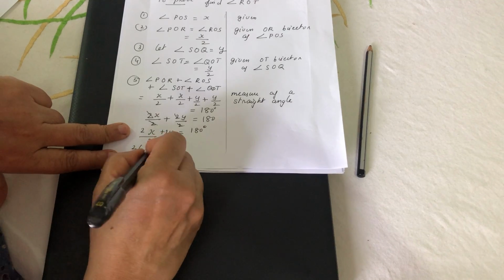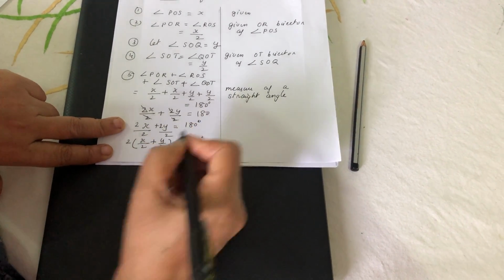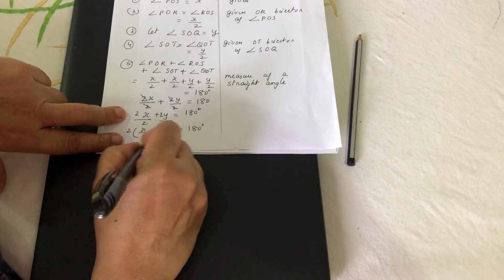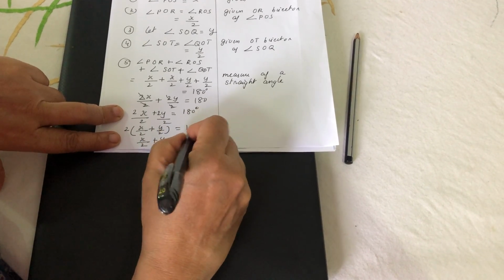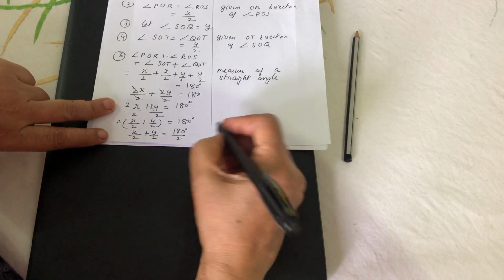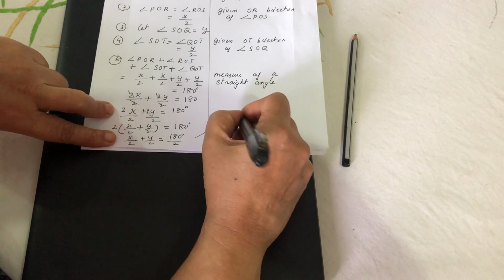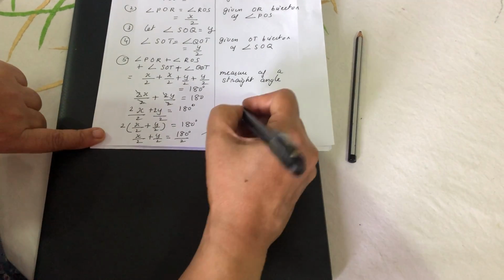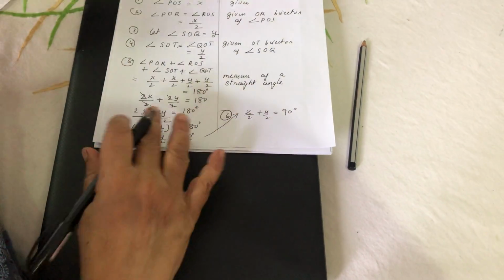So it is x by 2 plus y by 2 equal to 180 degrees. Then this 2 I can take to the other side. x by 2 plus y by 2 is 180 degrees by 2. That is equal to, see here we got x by 2 plus y by 2 is equal to 90 degrees. This is the sixth point: x by 2 plus y by 2 is 90 degrees.